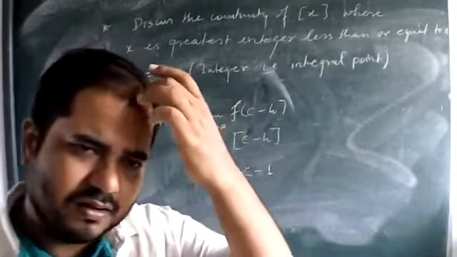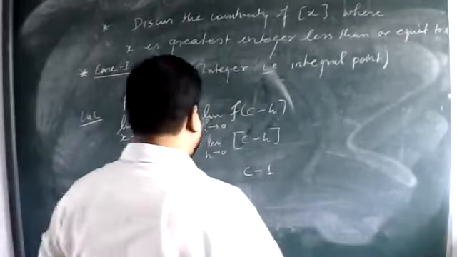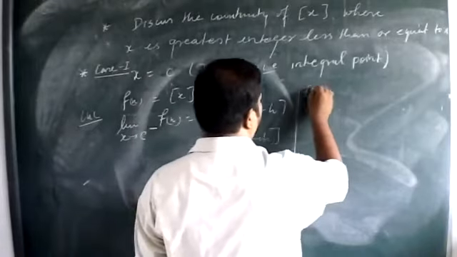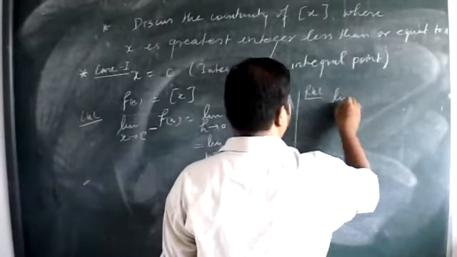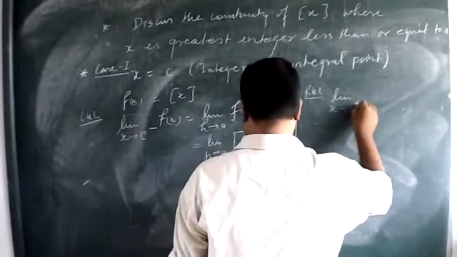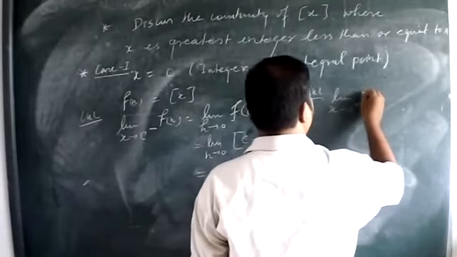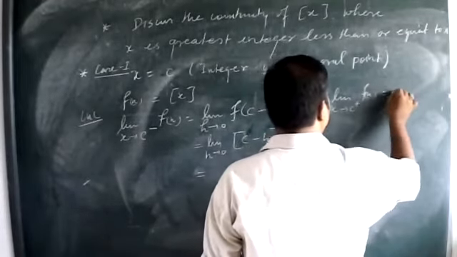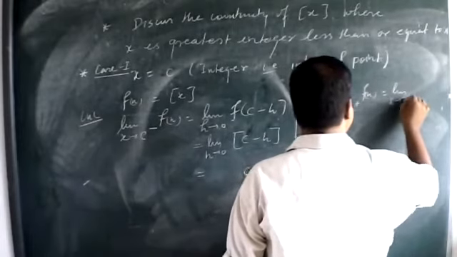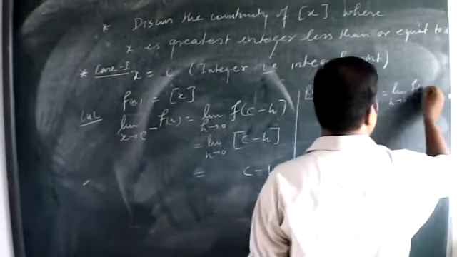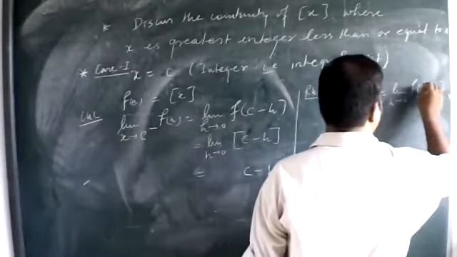तो वो क्या हुआ, 2 minus 1 ही तो हुआ. ओके, नाउ RHS की बात करें, RHS limit x tends to c plus, f(x), limit h tends to 0, f of c plus h.